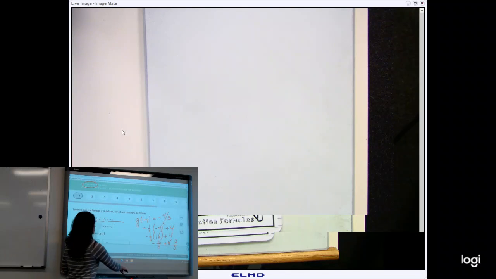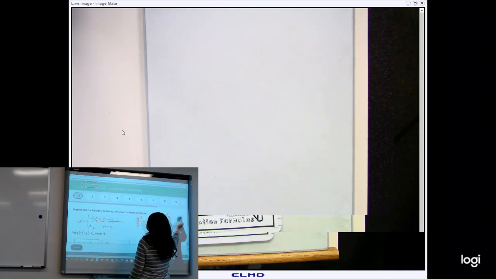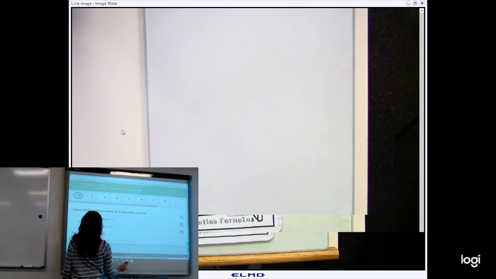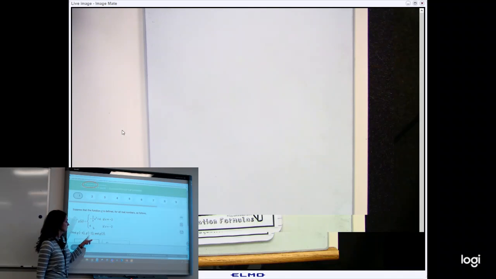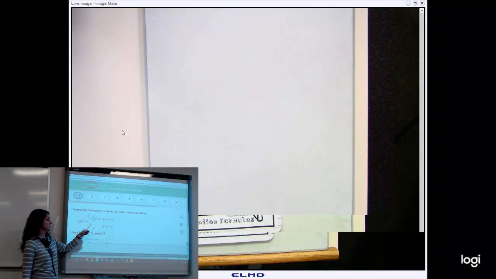Okay. Next one. We want to find g of negative 2. Top or bottom? Bottom. All right, well, this time it just says 4. There's not even a variable to put in our value. Right? So it's as simple as this. When x is negative 2, guess what our function equals? 4. Done.